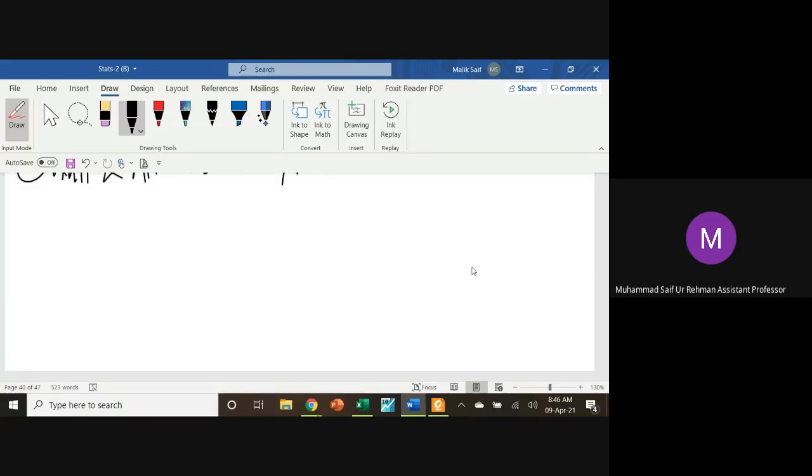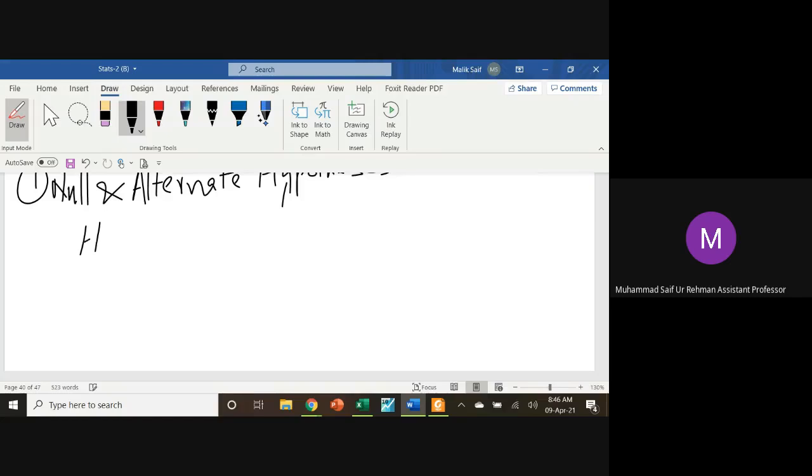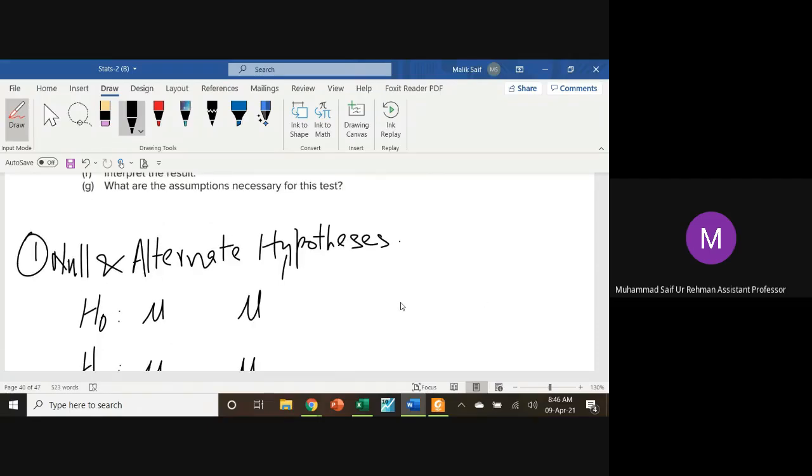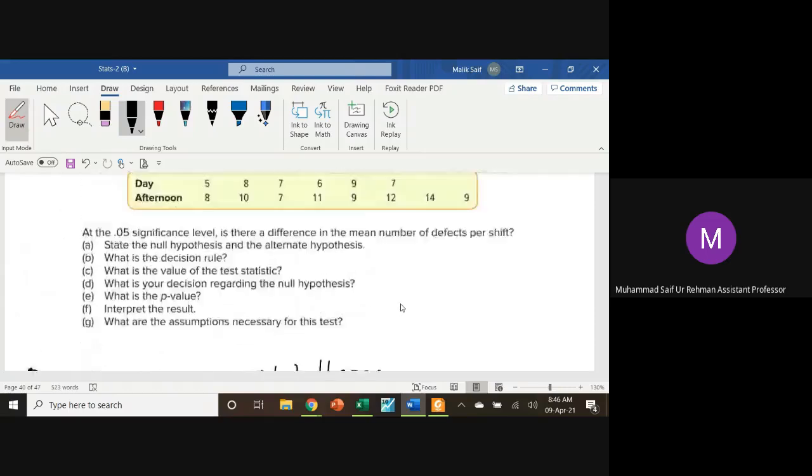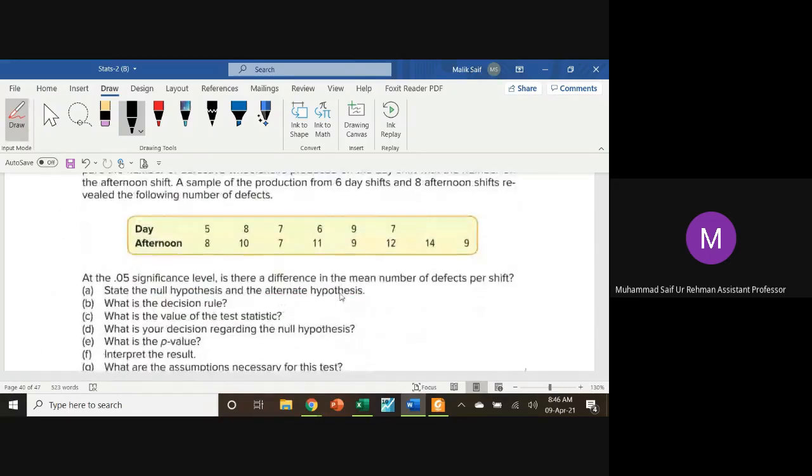So you have to construct these two hypotheses, H naught and H1. Population means are there. So you will write down mu, mu, mu, and mu. And whether there will be an equality sign or inequality sign, for that you have to consider the last statement.